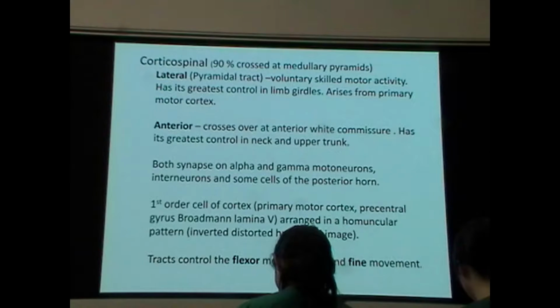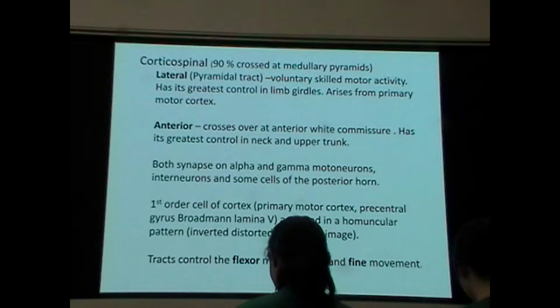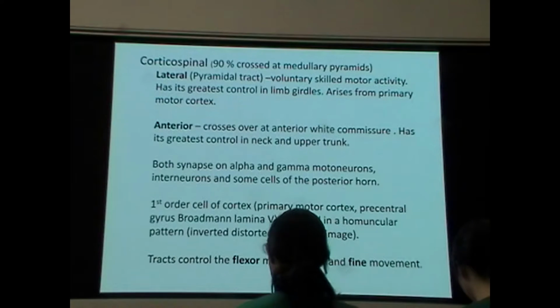Now, about 8 to 10% of the corticospinal pathway is part of the anterior corticospinal pathway, and this crosses over at the white commissure. It stays on the same side from the brainstem to the spinal cord, but it will cross over at different spinal segment levels to the opposite side.